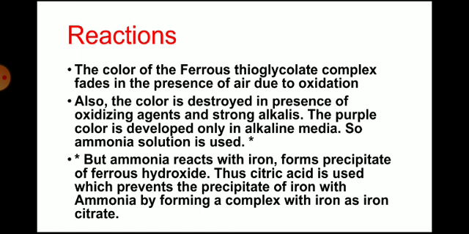The ammonia reacts with iron to form a precipitate of ferrous hydroxide. So citric acid is used, which prevents precipitation of iron with ammonia by forming a complex with iron as iron citrate.